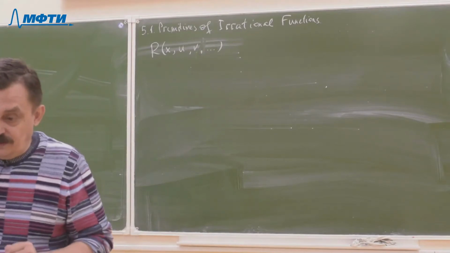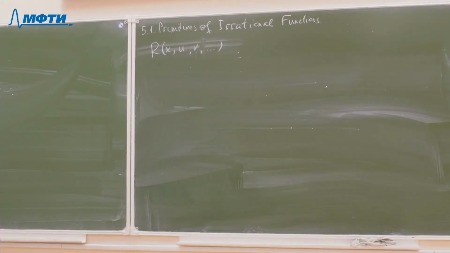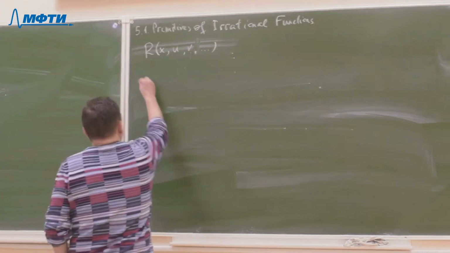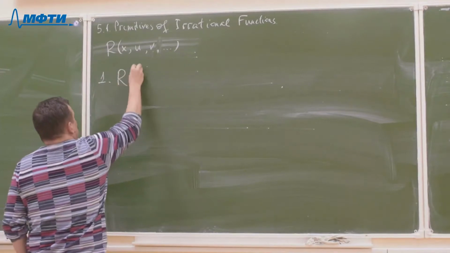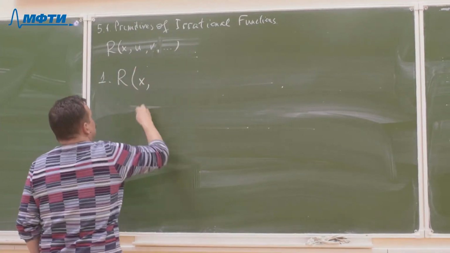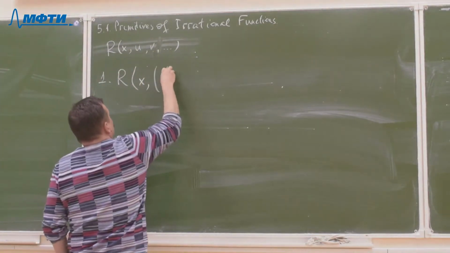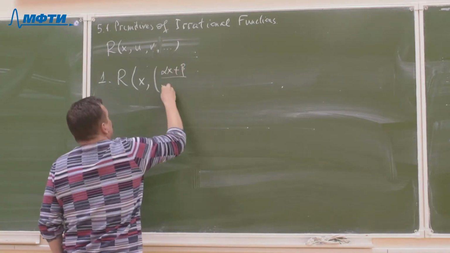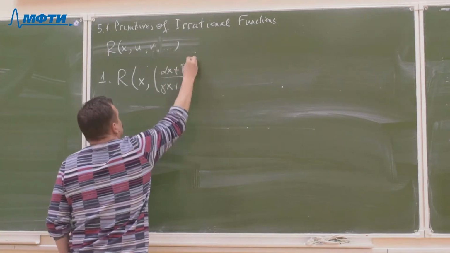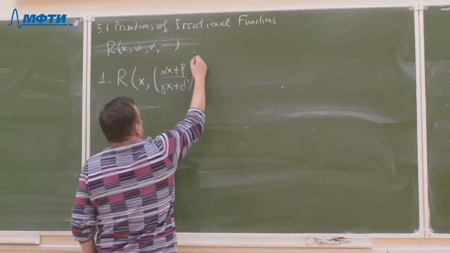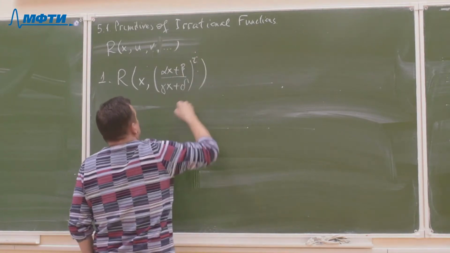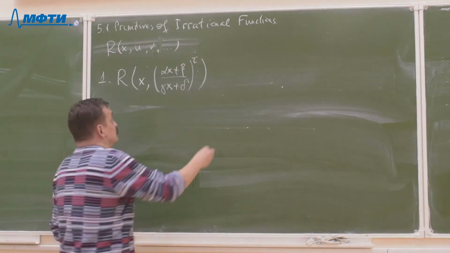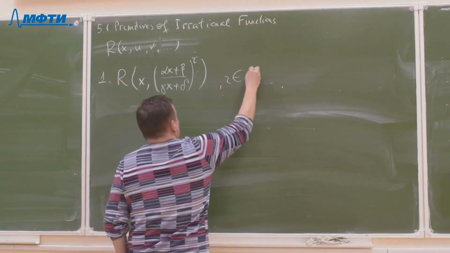So, the first case: R of x, (alpha x plus beta over gamma x plus delta) to the power r, where r is a rational number.